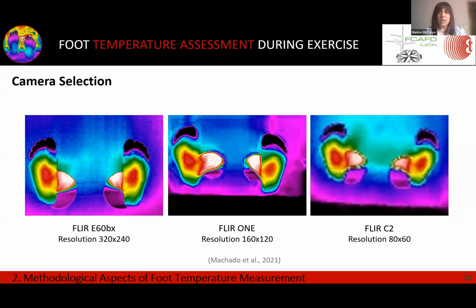And what we found in this project was that the higher resolution cameras required more time for manual image analysis than the lower resolution cameras, but these lower resolution cameras overestimate the temperature of the feet. Nevertheless, no major within-subject differences were observed when the same camera was used consistently.